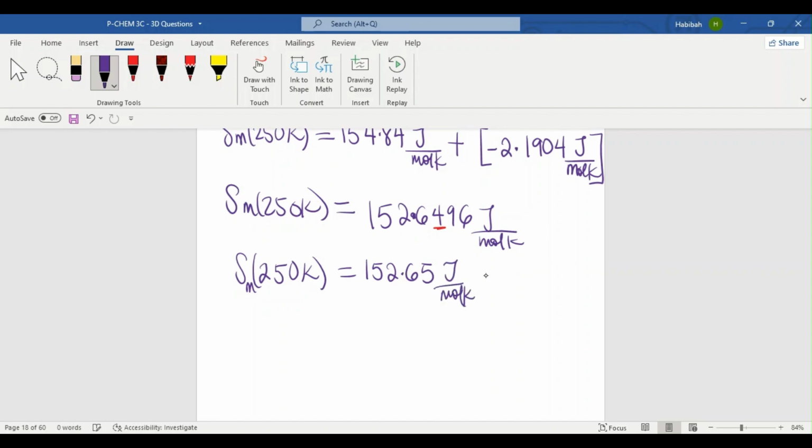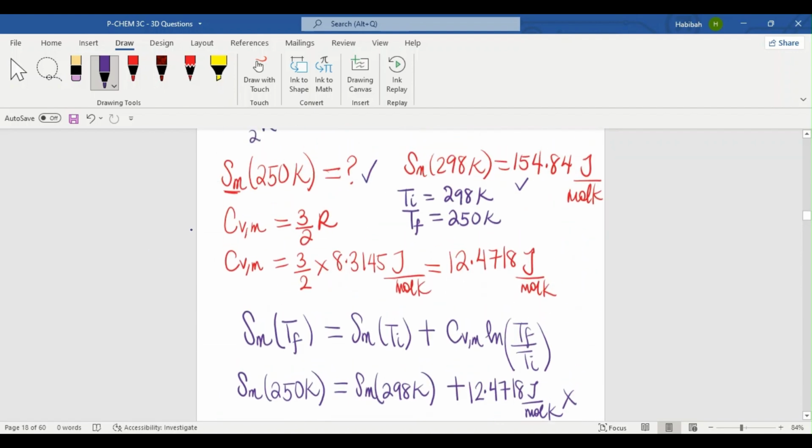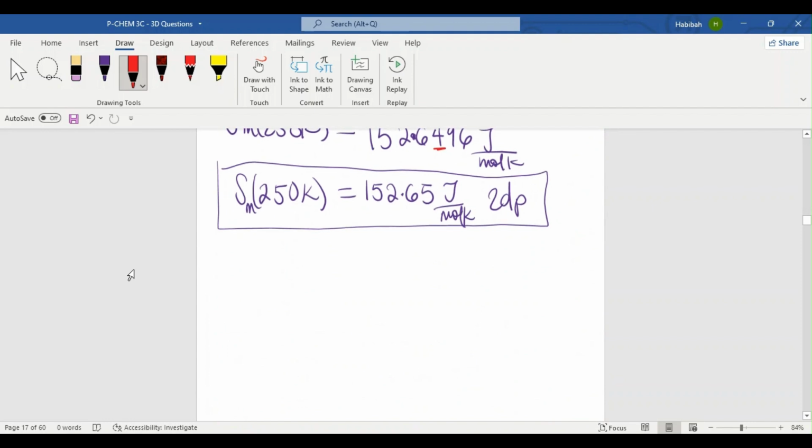It's also possible that you'll be asked to put this answer in three sig figs. That's how it usually is in chemistry, or just because we have 250 Kelvin here and 298 Kelvin here, that's three sig figs. In three sig figs, the molar entropy at 250 Kelvin is going to be 153 joule per mole Kelvin. So it can be either of the two.